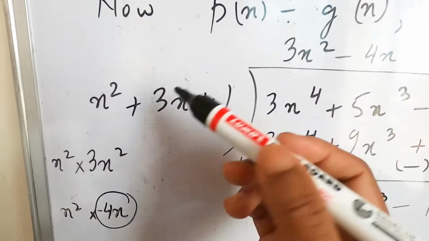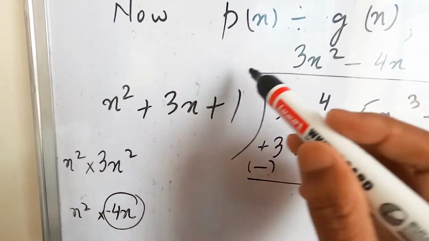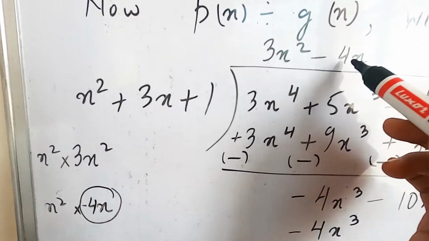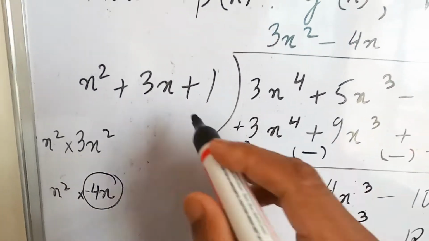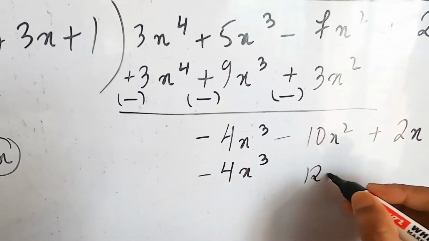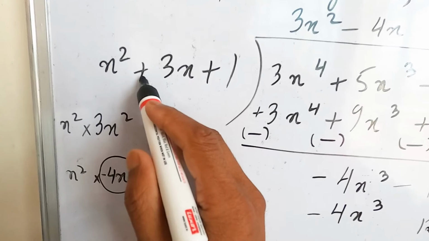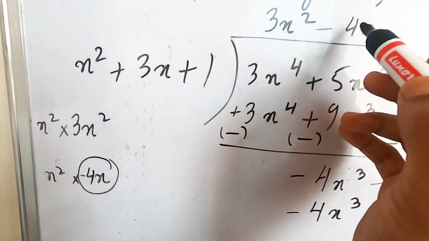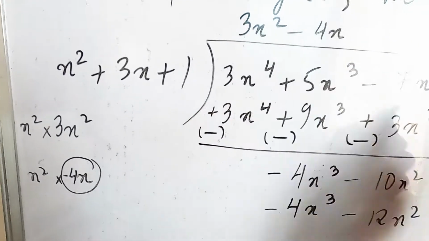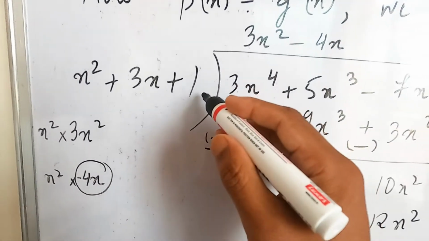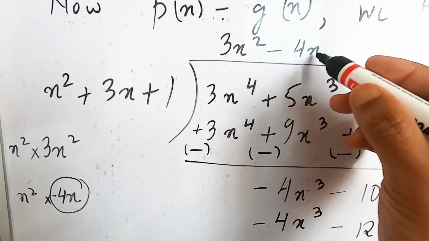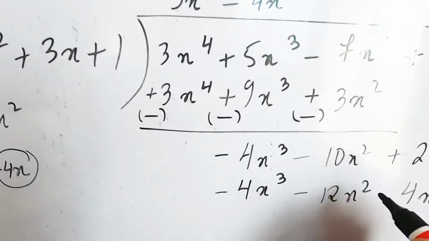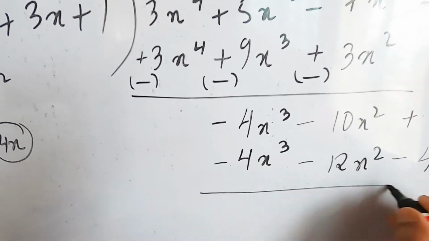Now next what we will do is same method. The second term we will multiply with the second quotient. So 3 into 4 will be 12, x into x will be x square, and plus into minus will be minus. All right, now the third term with the second quotient. So 1 into 4 will be 4, so in this case the variable is x, so we will write here x, and plus into minus will be getting minus.